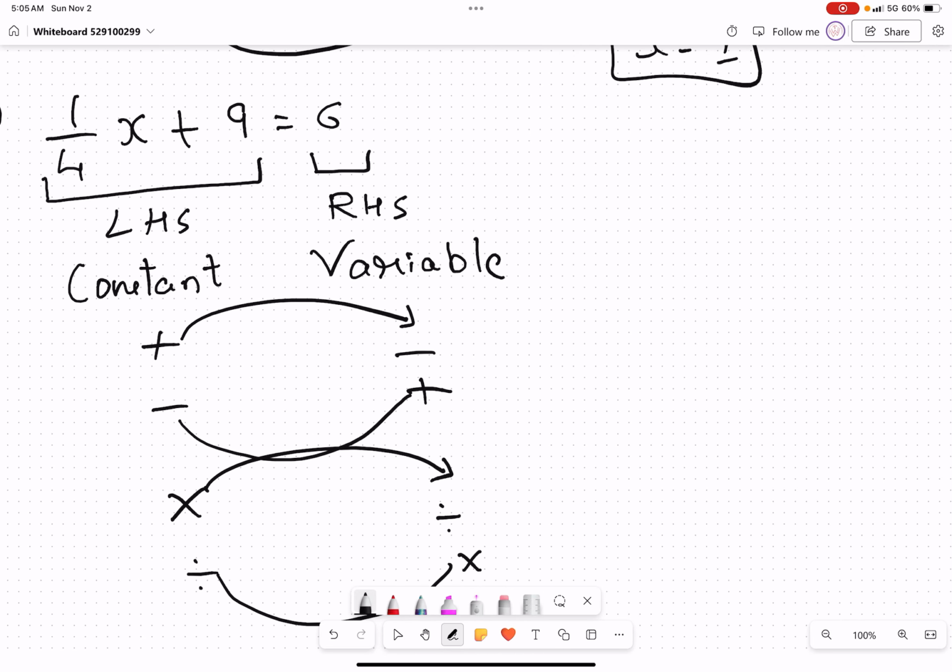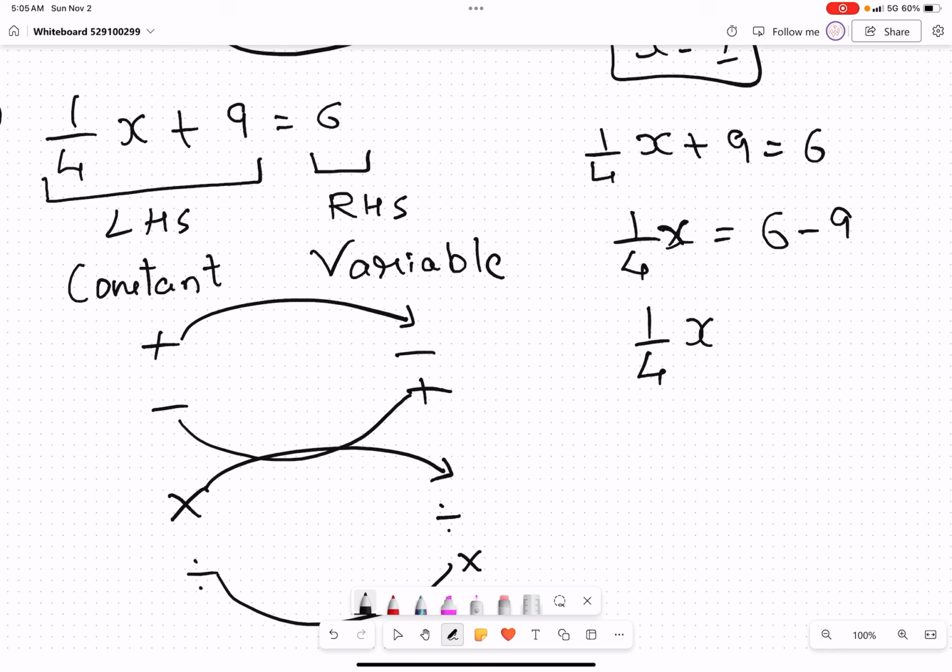All right, now 1 by 4x plus 9 equals 6. 1 by 4x, not multiply, x equals 6 minus 9. 1 by 4x equals 9 minus 6 is 3.